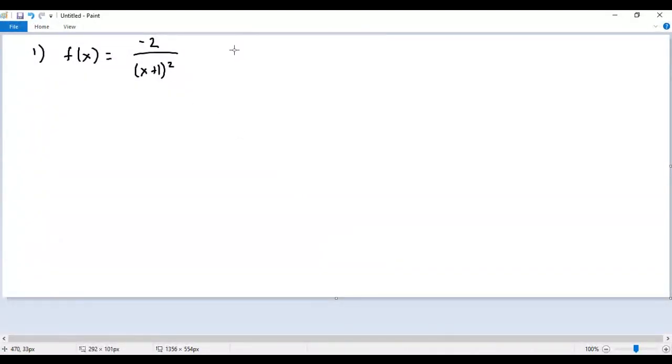So to start off with, we start by writing our whole equation, which is going to be a limit statement. So first off, the limit as delta x goes to 0 of, we're going to have -2 divided by x plus delta x plus 1 squared, and then minus -2, so just plus 2 over x plus 1 squared.